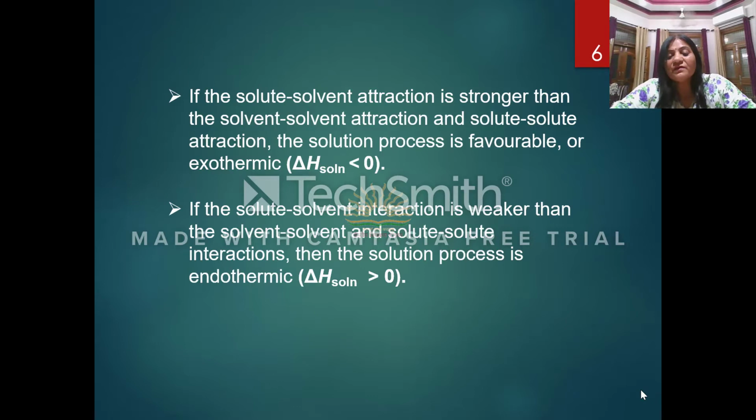If the solute-solvent interaction is weaker than the solvent-solvent and solute-solute interactions, then the solution process is endothermic, means delta solution H is greater than 0. We have to provide energy, we have to provide heat to develop the attractive forces between solute and solvent.